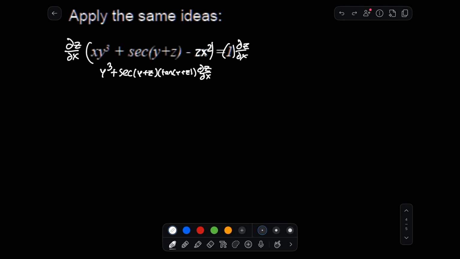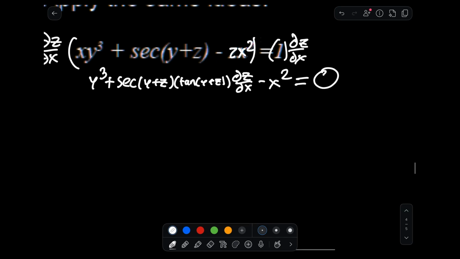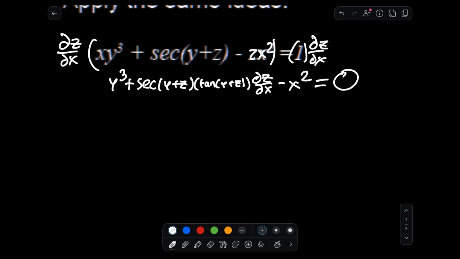And this is going to become minus x squared equals 0. Then we can isolate for, oh wait, no, this is supposed to become minus 2xz, like that, equals 0.